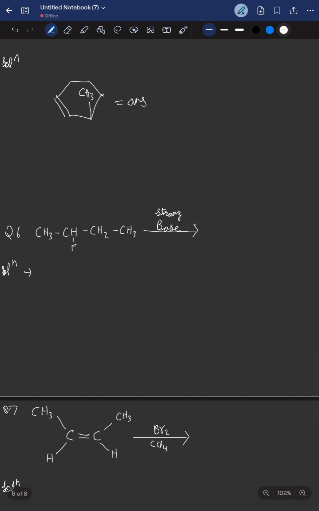Next question. Here we have 2-fluorobutane in the presence of a strong base. When a bad leaving group and a strong base are present, instead of an E2 reaction, something called E1CB occurs. In this, the intermediate is a carbanion. Let's see it.